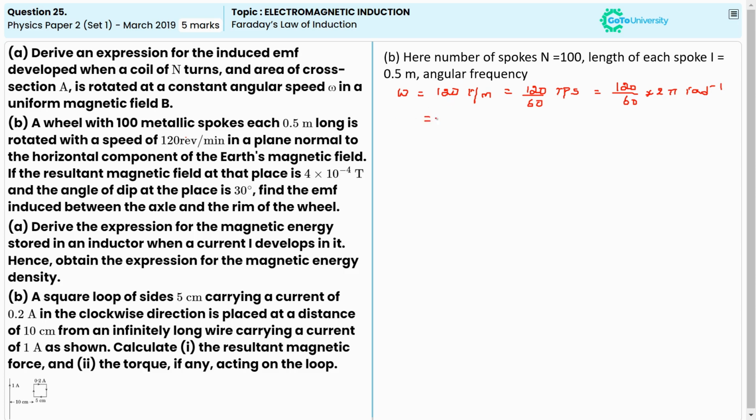Then which gives the resultant as 4 pi radians per second.